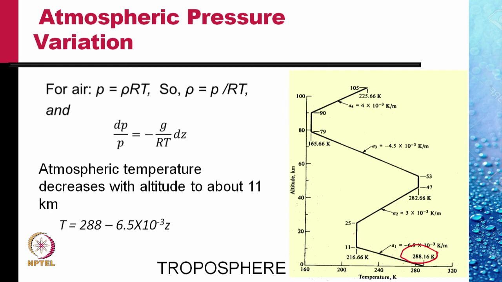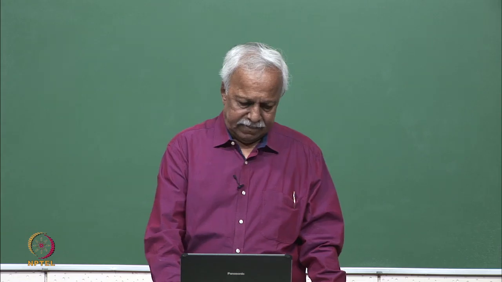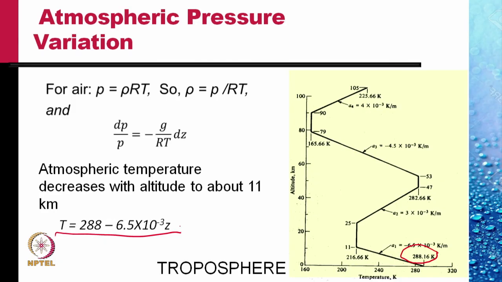We can use the equation here to track the variation of temperature with altitude. Using this expression of temperature in the expression of dP by P above, we can plug in there and get the pressure variations within the atmosphere.